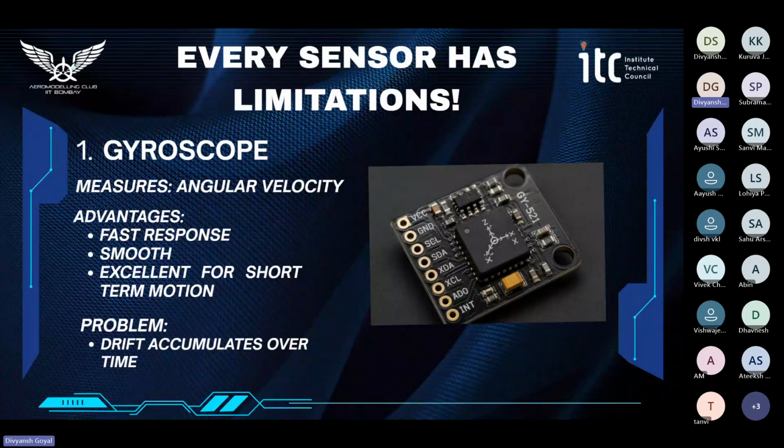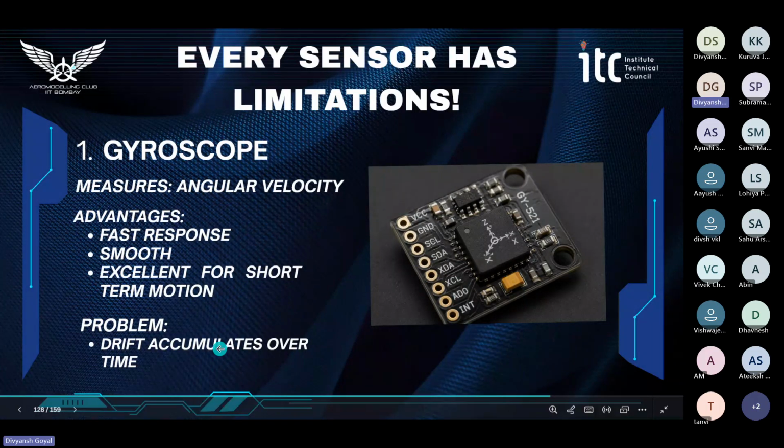Let's say you have 0.1 unit of error at time equals 1 second, and you have to calculate the tilt angle after 10 seconds. The error will get multiplied by 10. So when the error was 0.1, it will now become 1, which is significantly larger than 0.1.